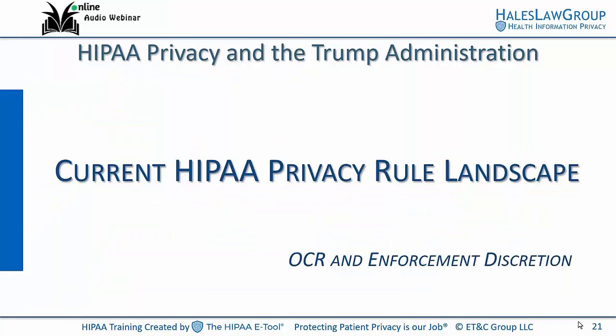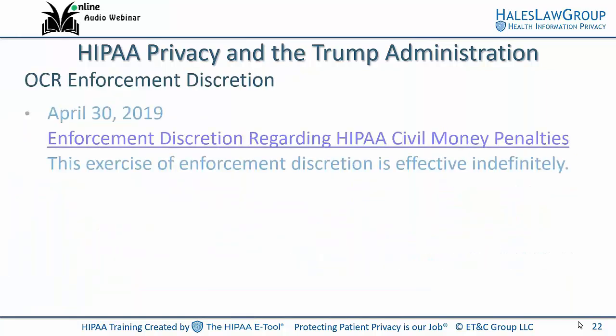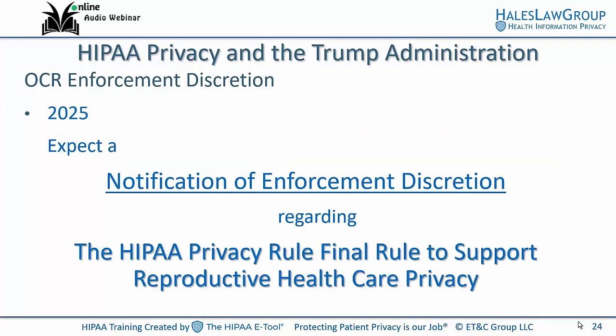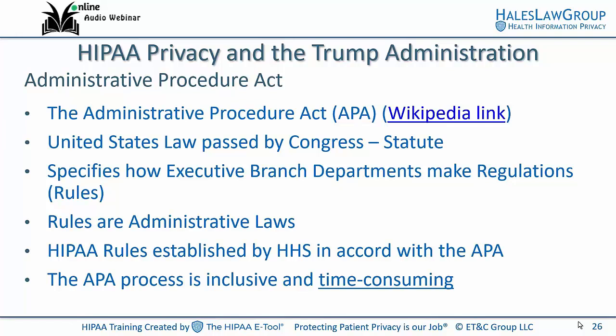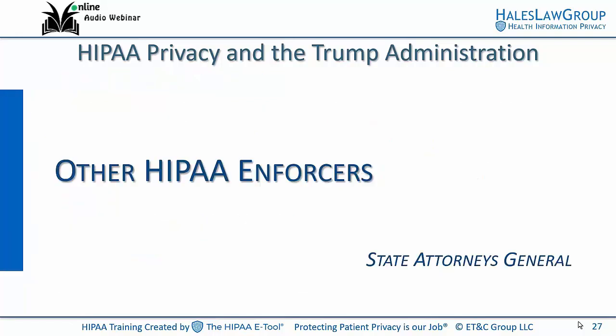I want to talk about enforcement discretion. Enforcement discretion is something that has been exercised by the Office for Civil Rights. We can expect a notice of enforcement discretion. To actually modify the HIPAA privacy rule, they have to follow something called the Administrative Procedure Act. The process is very inclusive. There are other HIPAA enforcers, state attorneys general.